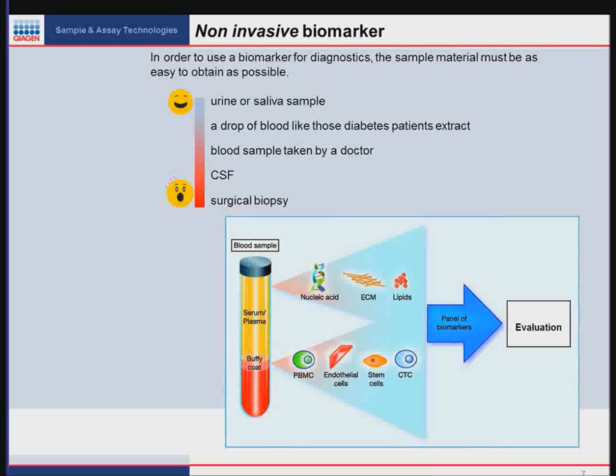And from blood, we know that there's multiple components, and from either whole blood or serum, plasma, or buffy coat or red blood cells, we can look at nucleic acids, proteins, lipids, and specific cell types like PBMCs, endothelial cells, stem cells, or circulating tumor cells, any or all of which can be combined in order to develop a biomarker panel.